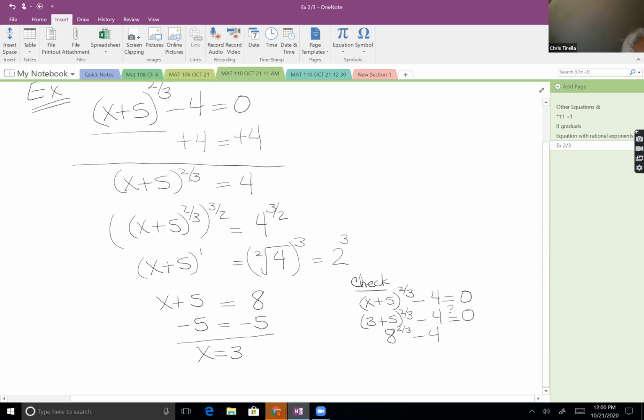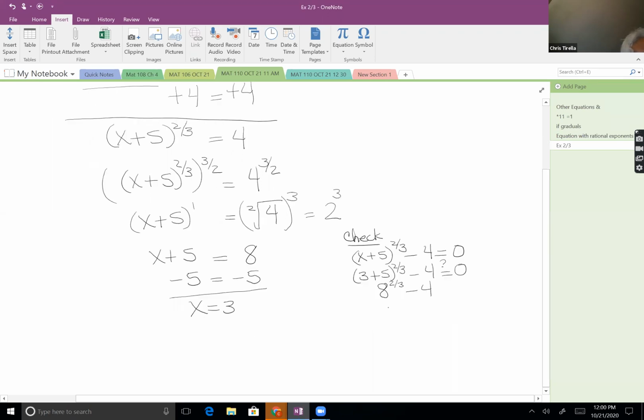We'll keep it minus 4. Let's see, 8 to the 2/3. I've got a fractional exponent. I'm going to draw a radical. The denominator becomes the index. The numerator becomes an exponent. The cube root of 8 is 2. 2 squared is 4. And so we've got 4 minus 4, which equals 0. And it checks.